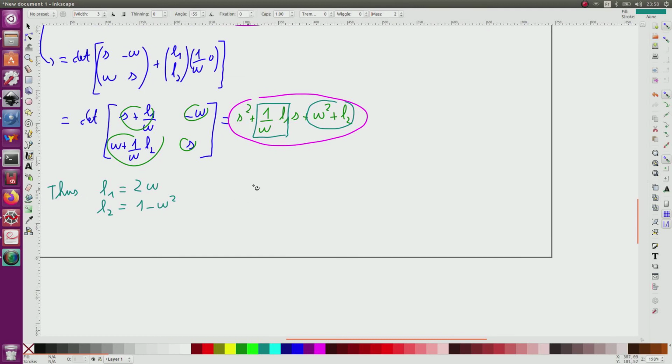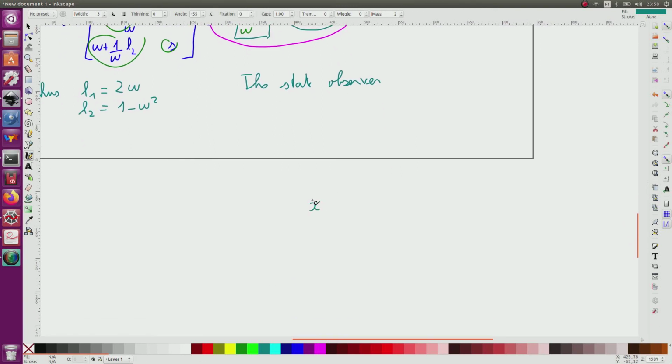we have the state observer, which is the following: x hat dot is equal to minus 2 omega, minus 1 divided by omega, 0, so this corresponds to A minus LC, times x hat, plus 2 omega, 1 minus omega square, multiplied by y.